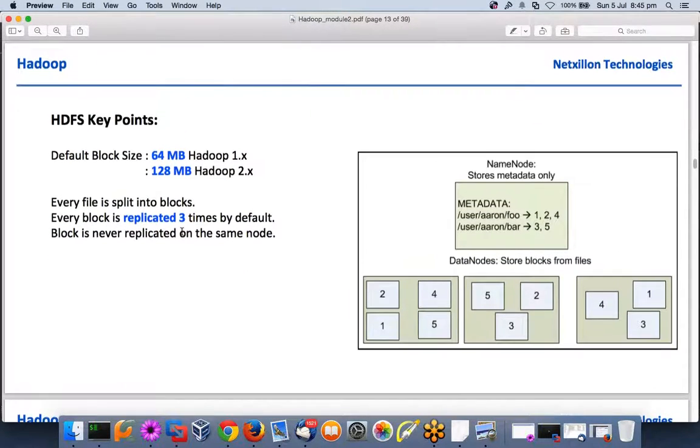Now the key point here is, as we discussed yesterday, the HDFS block size by default is 64 megabytes in Hadoop 1. In Hadoop 2, it is 128 MB. Whenever I write a file to HDFS, it will be split, similar to any file system.